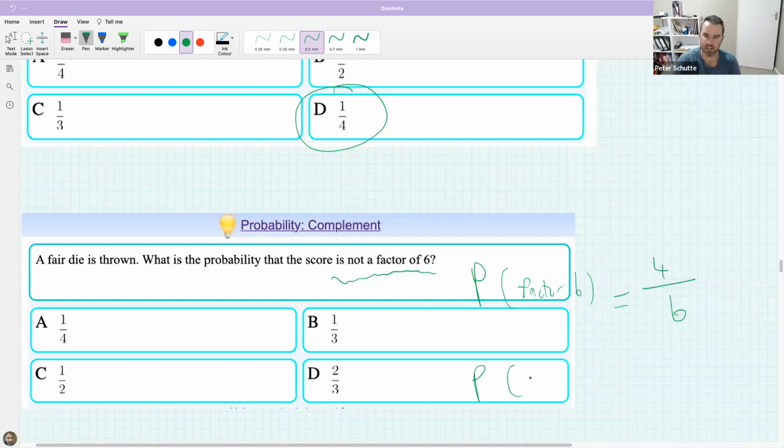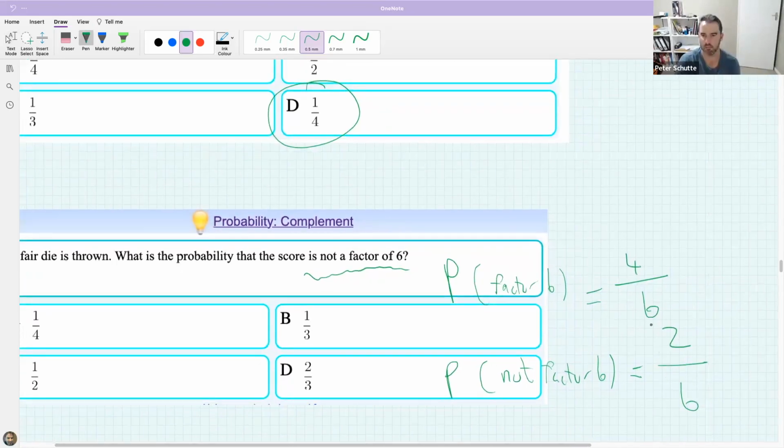The probability of not being a factor of 6, well, still 6 options, and it's only going to be 4 and 5, which is 2 out of 6 options. So the probability of not being a factor of 6 is 2 out of 6, but there's no option for 2 out of 6, but it's the same as 1 out of 3. And we get that.